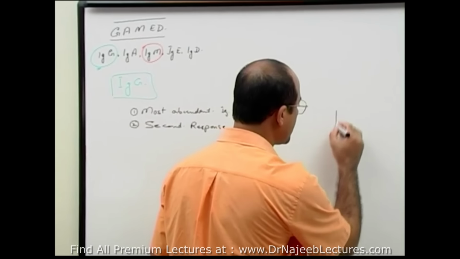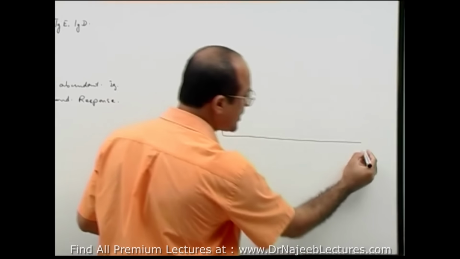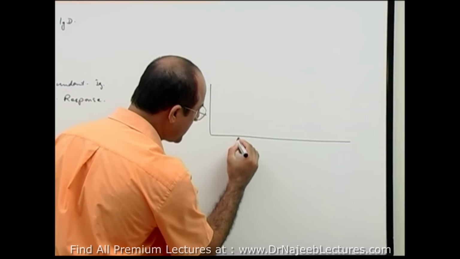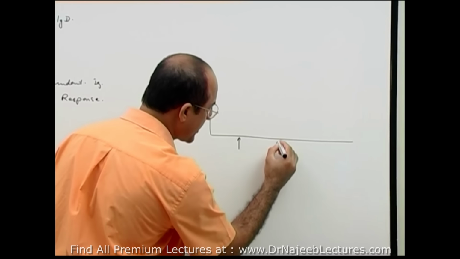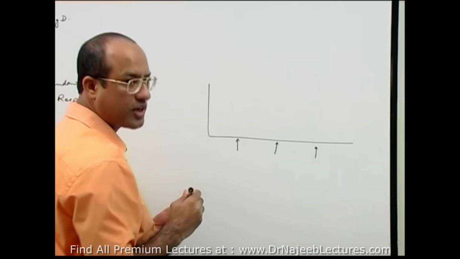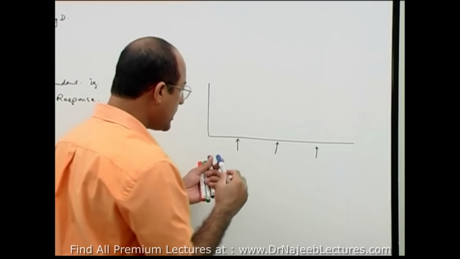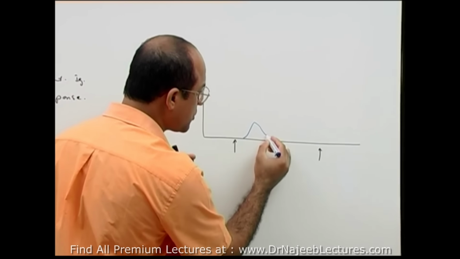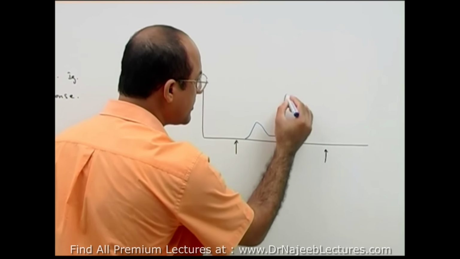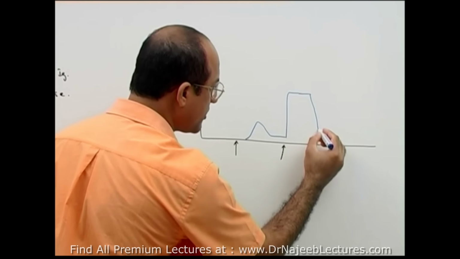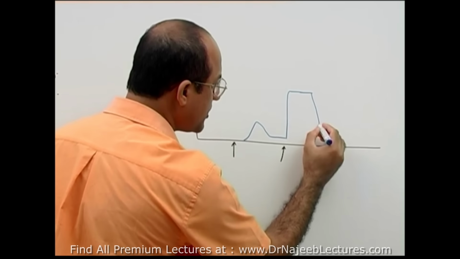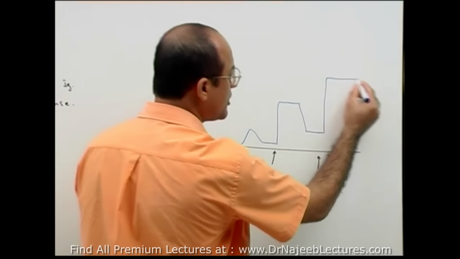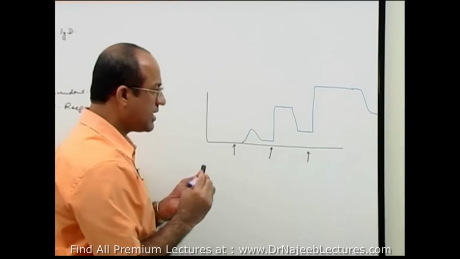Again, as we mentioned previously, let's suppose this is time, and here is immunoglobulin concentration. If there is repeated exposure, suppose this is first exposure, second exposure, third exposure to the same antigen. Initially the immune response which will come is called the primary immune response. After that there is a secondary immune response, and with repeated exposure there is another secondary immune response.